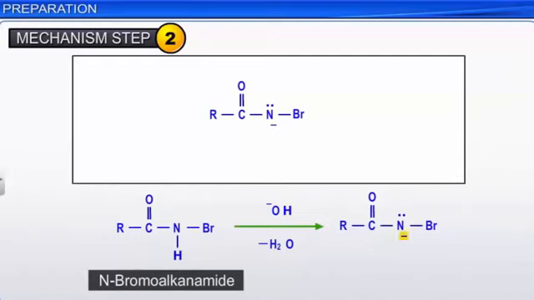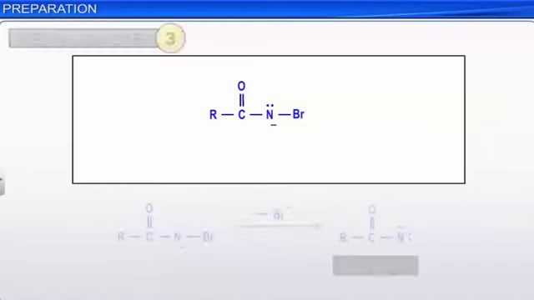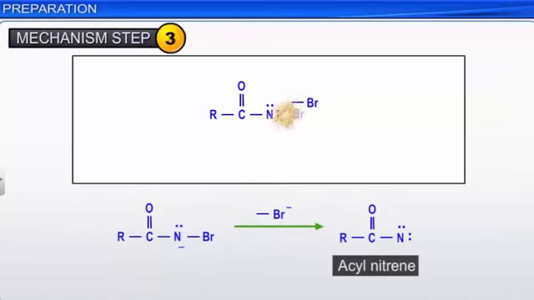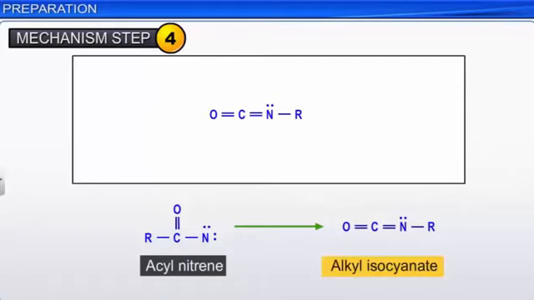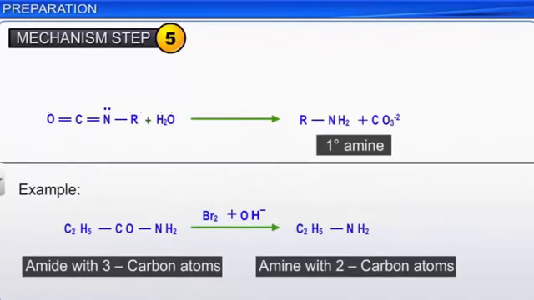Step 3 involves the separation of halide ion, resulting in the formation of an intermediate with an electron-deficient nitrogen atom. Step 4 involves the migration of the alkyl group from the carbonyl carbon of the amide to the electron-deficient nitrogen atom. This results in the formation of alkyl isocyanate. The last step is the hydrolysis of alkyl isocyanate to yield a primary amine with one carbon atom less than the parent amide.